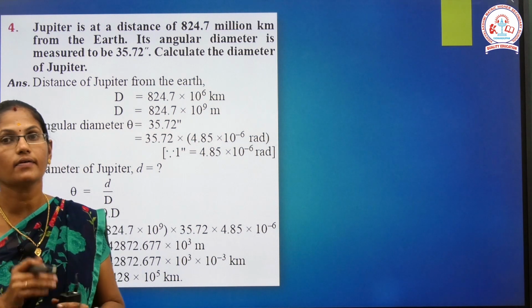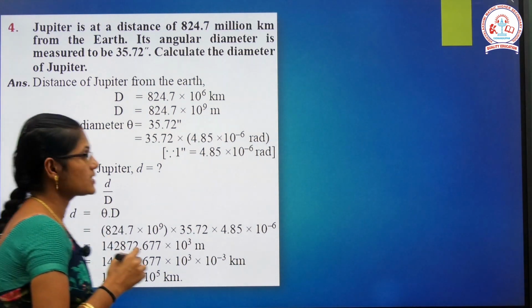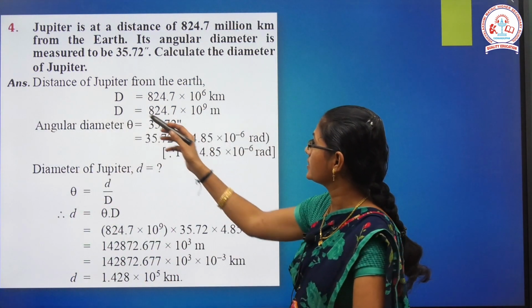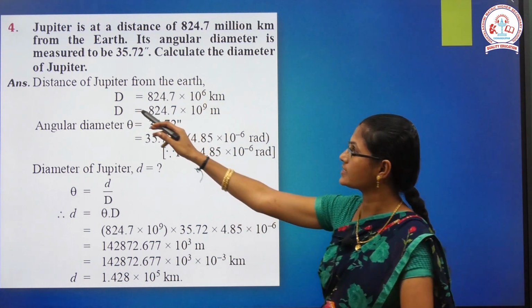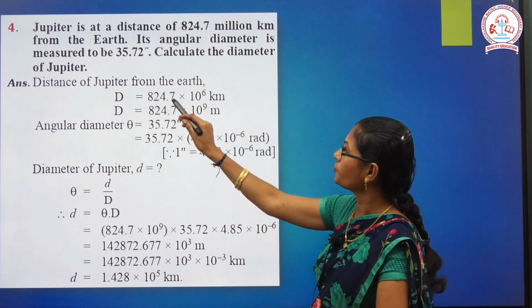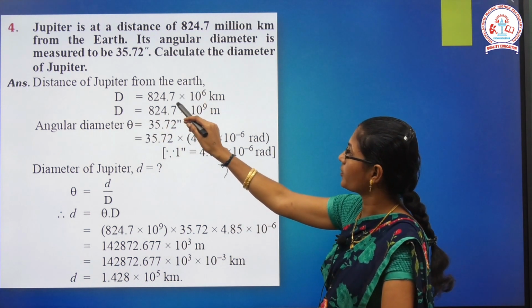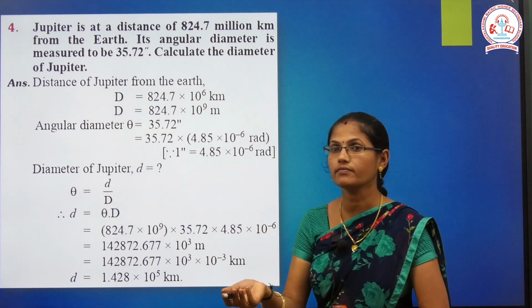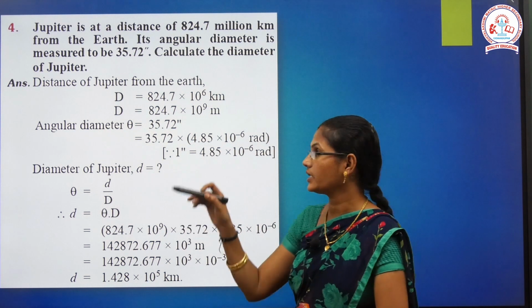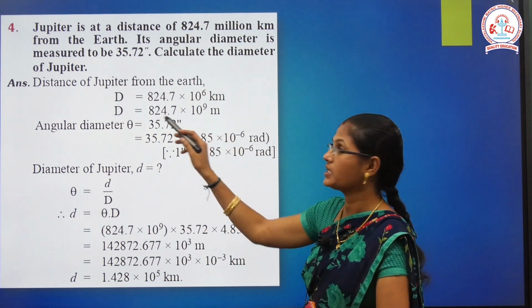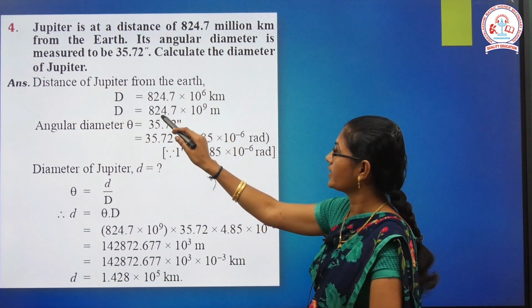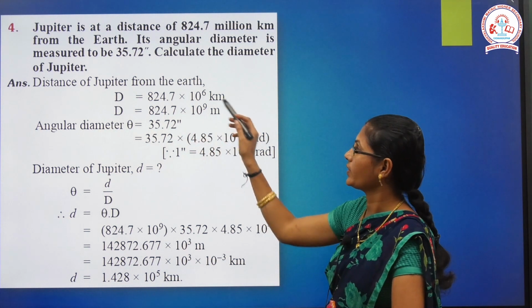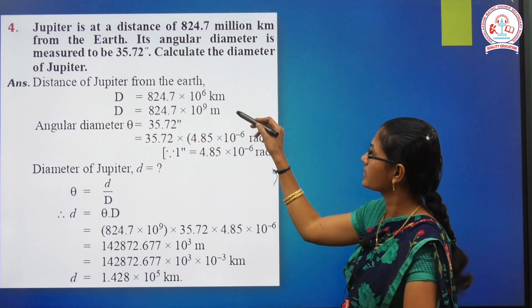So what are the given values in this problem? The distance of Jupiter from the Earth, that is D is equal to 824.7 into 10 power 6 kilometer. Kilometer you have to convert to meter by multiplying 10 power 3, so D is equal to 824.7 into 10 power 9 meter. So this is the first given value.